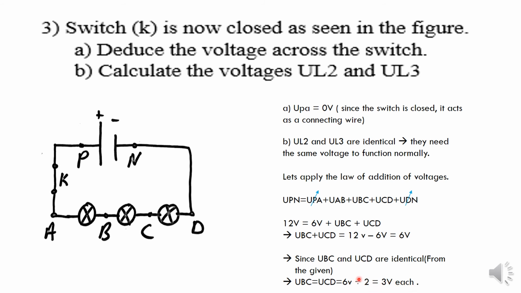Why did we divide by 2? Since we have 2 identical lamps. If they told us that I have to calculate the voltage across 3 lamps and they are all identical, I divide by 3. Since 6 volts remained for both lamps, I divide 6 volts by 2 since they are identical.